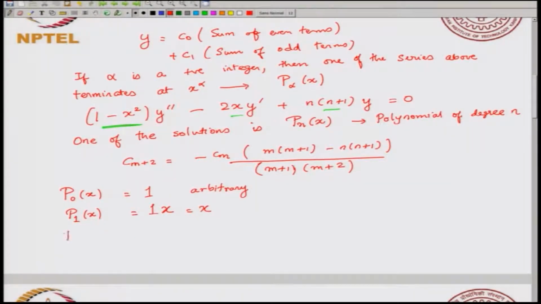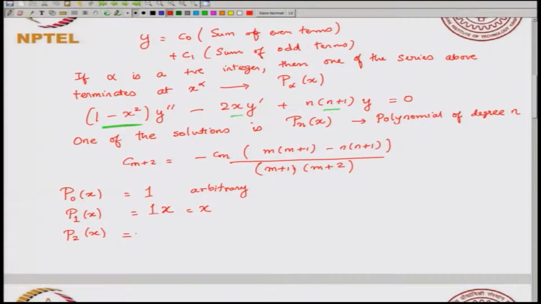Now, if you want to calculate P2 of x, it will have two coefficients, a C0 and a C2, but C2 and C0 are related to each other through this recursion relation. When you use that relation and relate C0 and C2, you can finally write an expression for P2. Remember it has both a constant and a second power term.